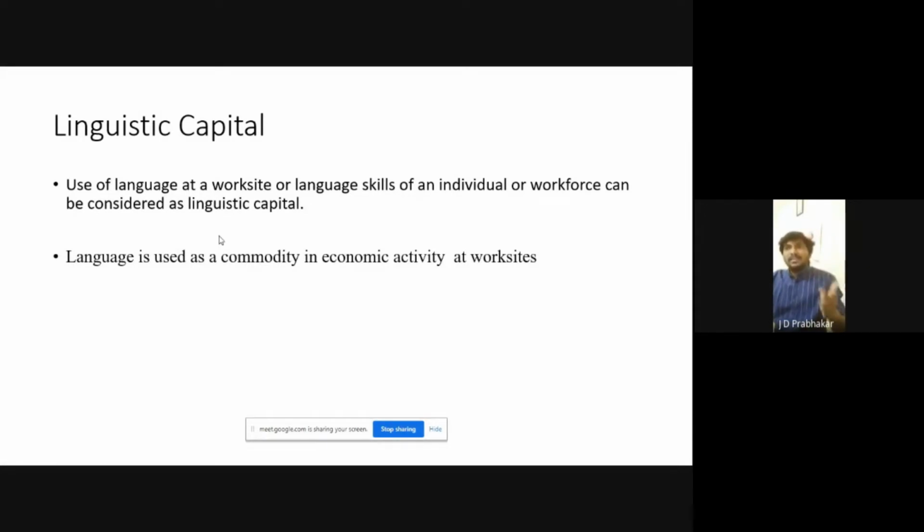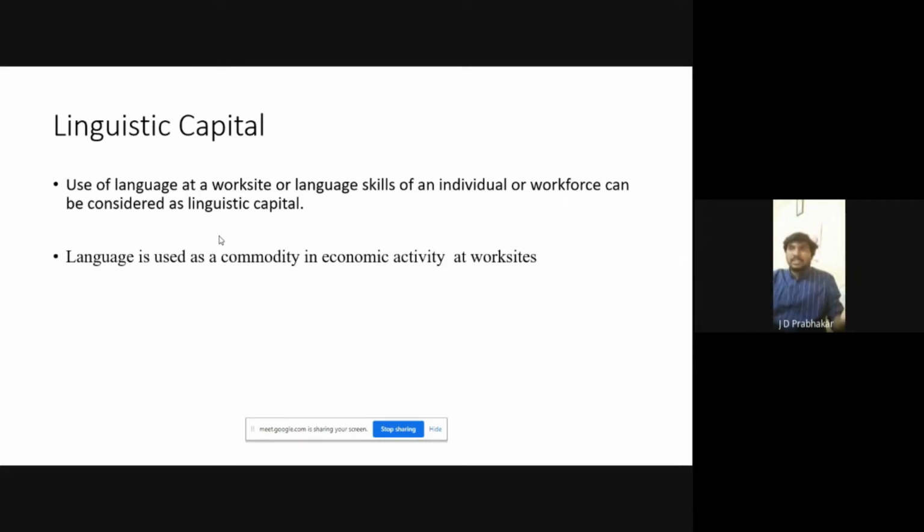So, linguistic capital refers to the use of language at a worksite, or the language skills of an individual or workforce can be considered as linguistic capital.